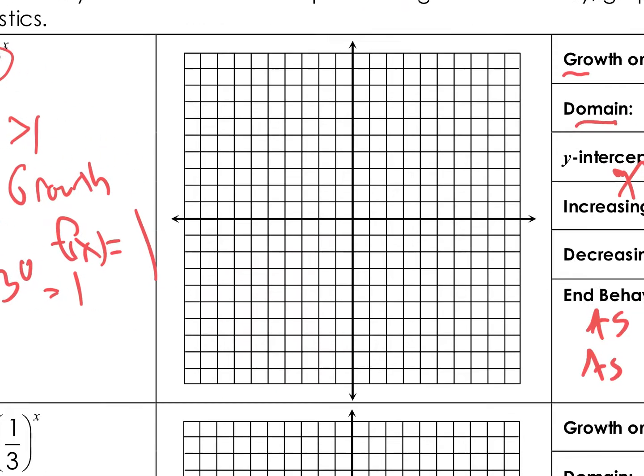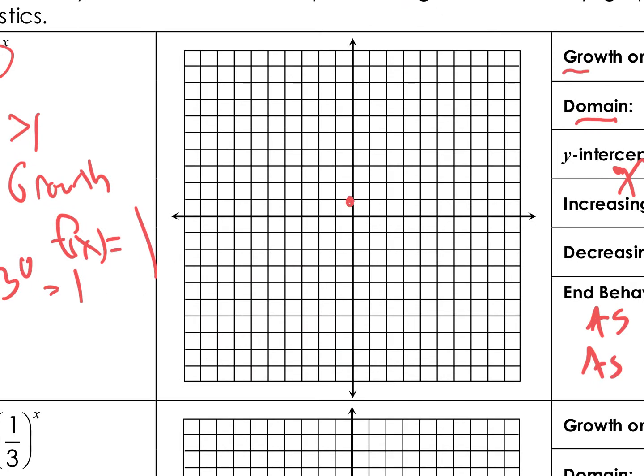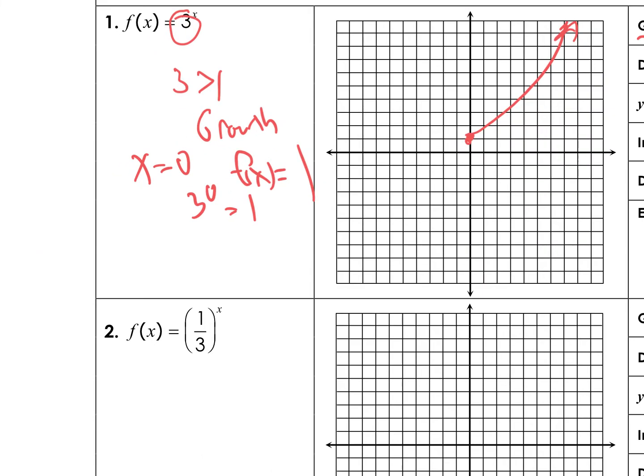So over here, here's my 0, 1. It's a growth. So I know it's going to go this way. Nice, smooth curve. Now, if you really want more detail, you could talk about x being 2, and that gives you 3 squared is 9.